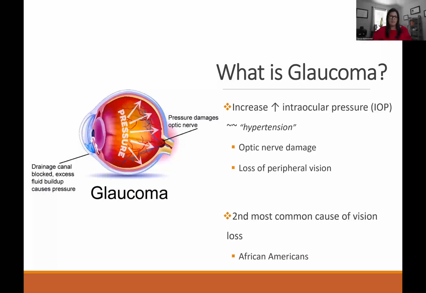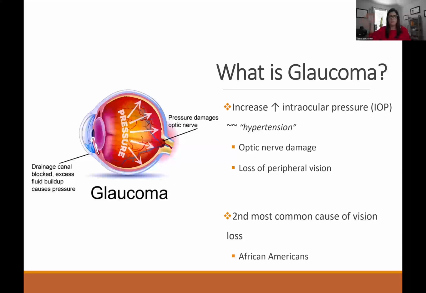I say it's like hypertension because we've got a buildup of pressure. When we have this buildup of pressure, it can pinch or damage your optic nerve, and that leads to peripheral vision loss.